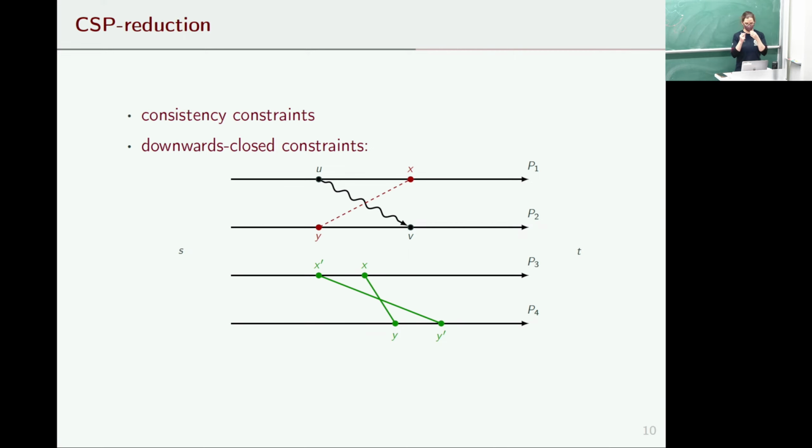So whenever I have such a connection, uv, I know that whatever I delete from P1 has to lie before u, and whatever I delete of P2 has to lie after v.